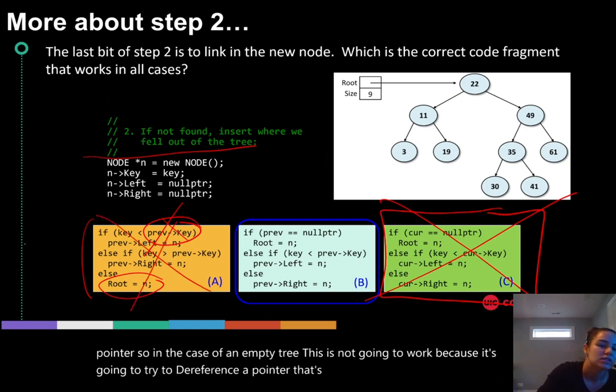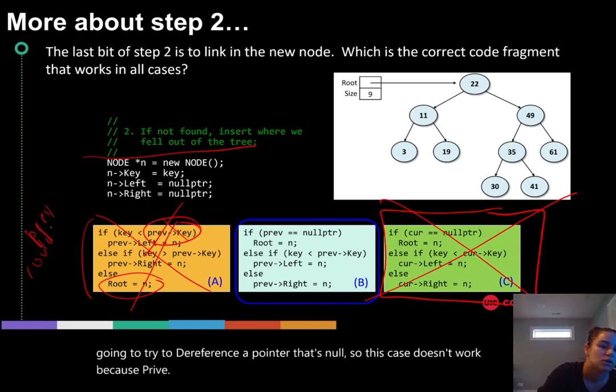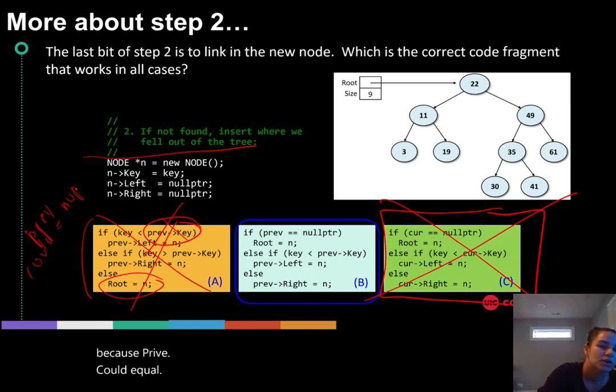So this case doesn't work because prev could equal null pointer for an empty tree.